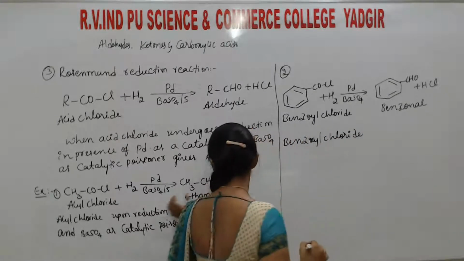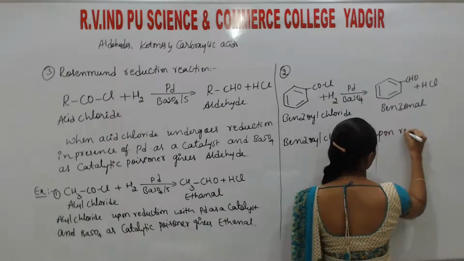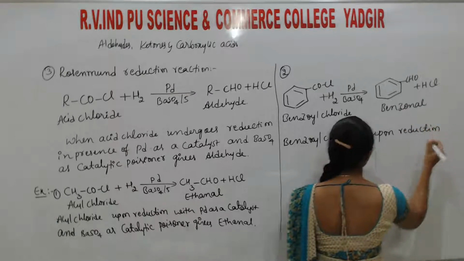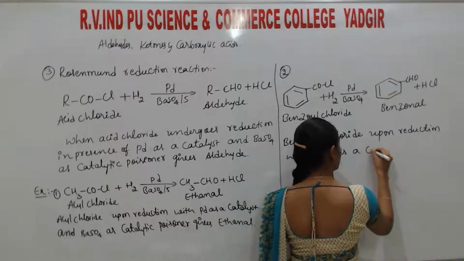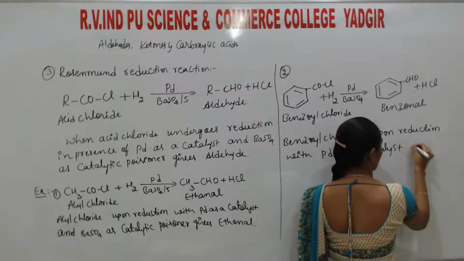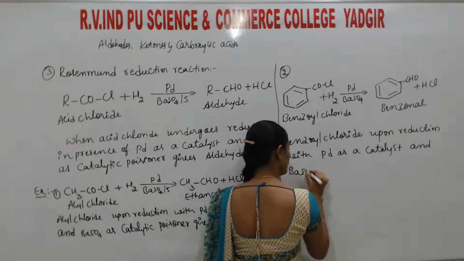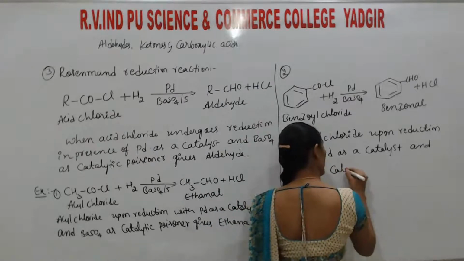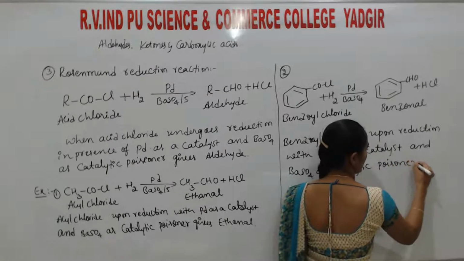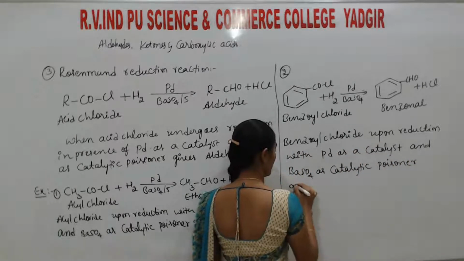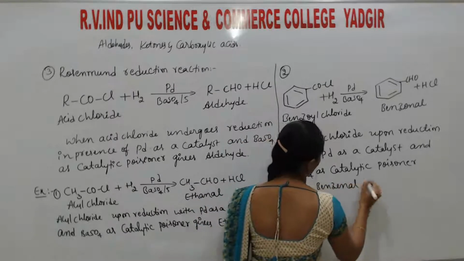This benzoyl chloride upon reduction, meaning reduction is happening here, upon reduction with palladium as a catalyst and this BaSO4 as catalytic poisoner gives benzaldehyde.